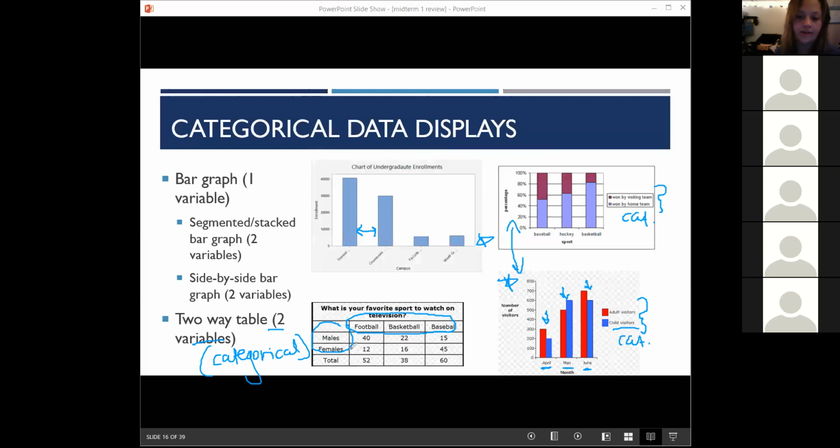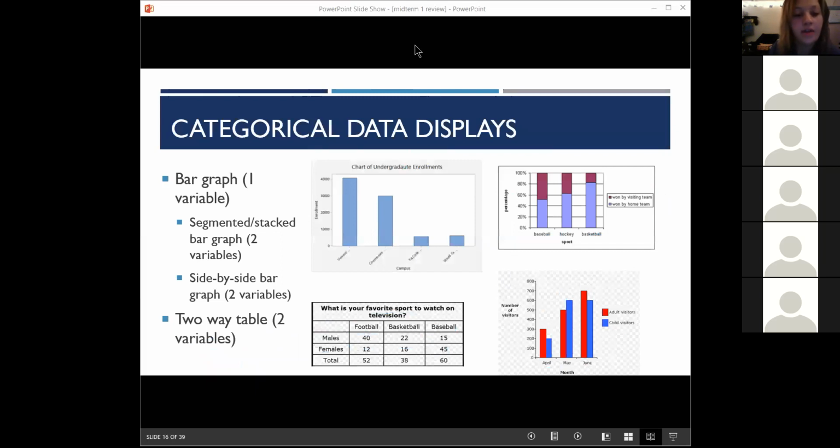So if you're looking for the amount of females who like baseball, all you do is find the intersection between females and baseball, and then you get 45. So that's just a way to read two-way tables, which remember are for categorical data displays.